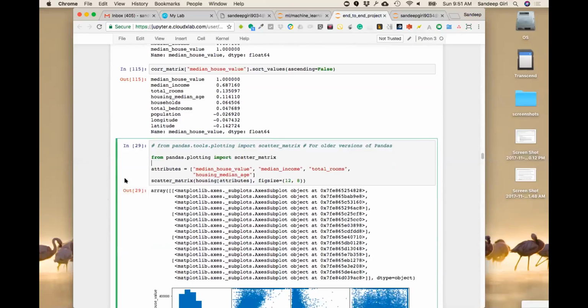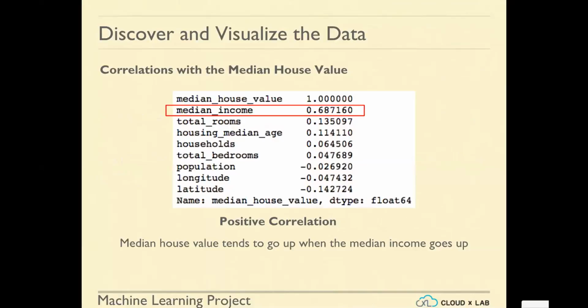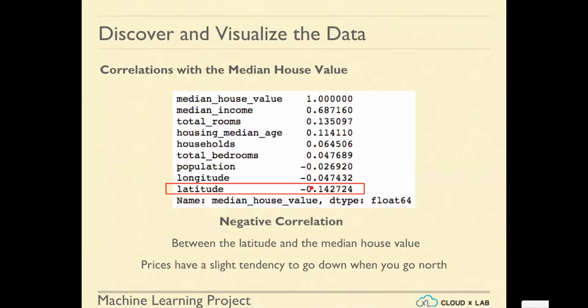Okay, so now what we can do is, okay, so this is a positive correlation and this is a negative correlation. Okay, negative means it's going to decrease as we go up.